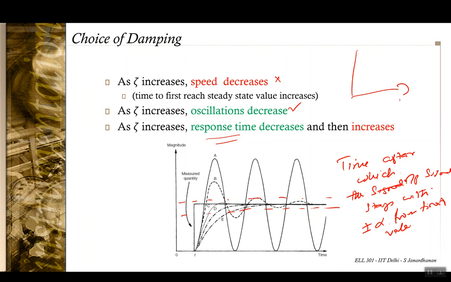So if you plot zeta versus response time, ts, initially it will decrease. Then as zeta goes greater than 1, the response itself takes a lot of time to even reach this bound for the first time. The response time then starts to increase. So the sweet spot where the response time is minimum is what we want to catch.